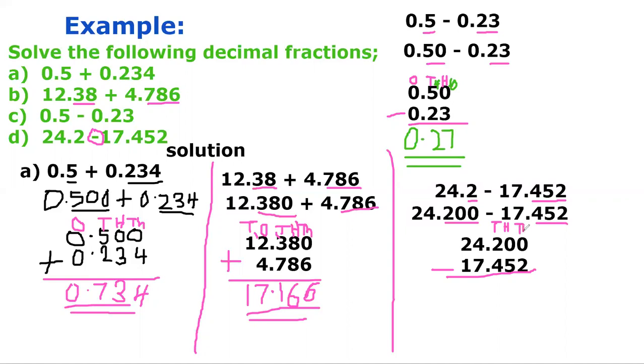Okay, because always the decimal numbers start with the tenths from the left side, while the whole numbers start with the ones, starting from the right side. So from the ones, then you move on to the tens of the whole numbers. But we don't have ones in the decimal numbers. Okay, good.